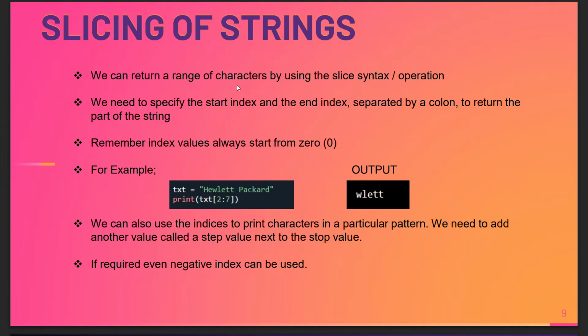And also, how do we specify them? They are separated by a colon. You need to put a colon between those two index numbers. By separating them, we do slicing from the start index to the end index and return that part of the string. So by specifying that colon, you can return the part of the string from the starting position to the ending position.